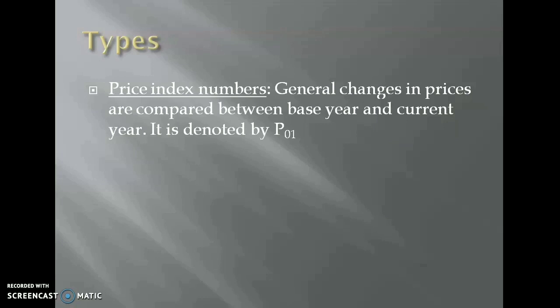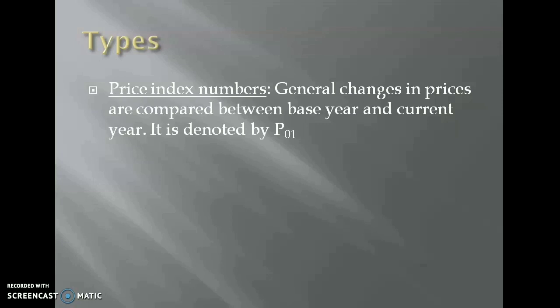Yes. And our next topic is types of index numbers. The first one is price index numbers. Changes in the prices are compared between the base year and the current year, and this is denoted by P01. Price indexes are further subdivided into the following classes: wholesale price index numbers and retail price index numbers.